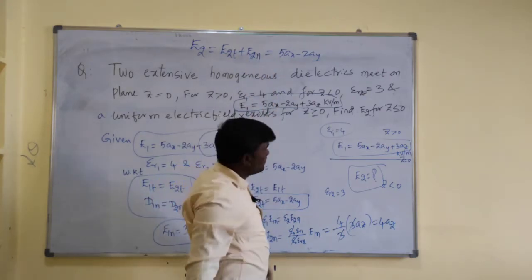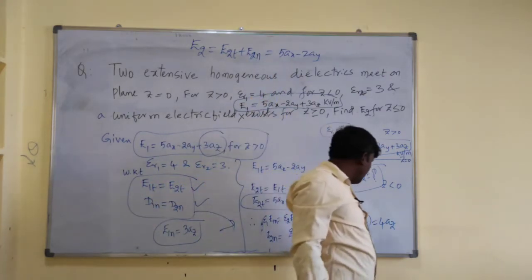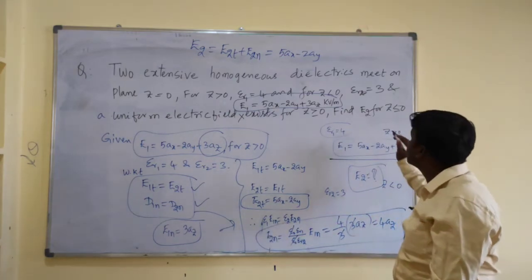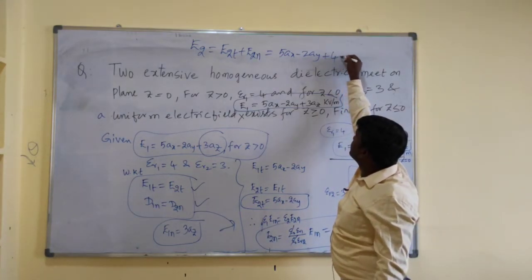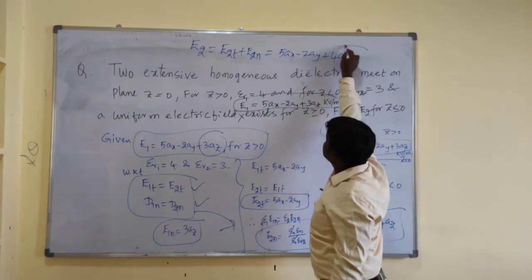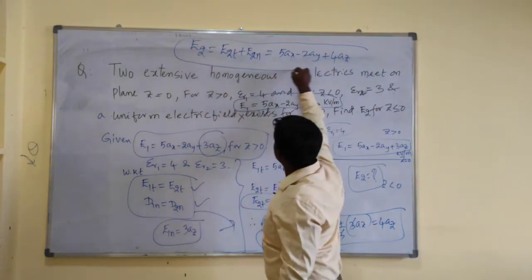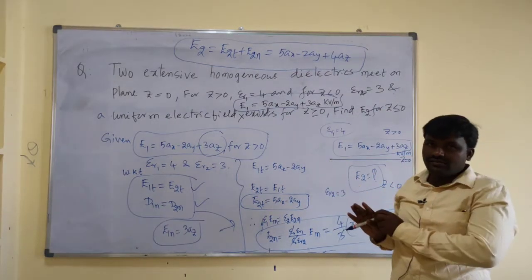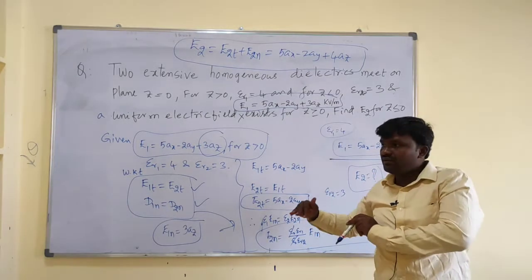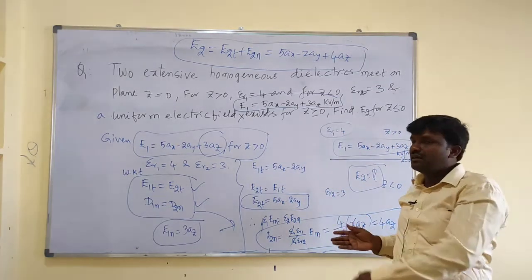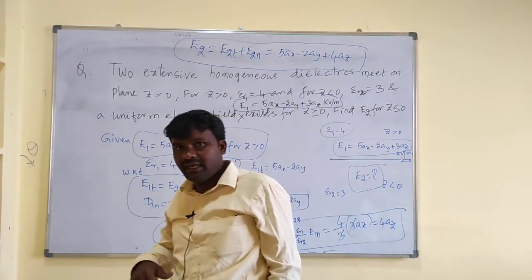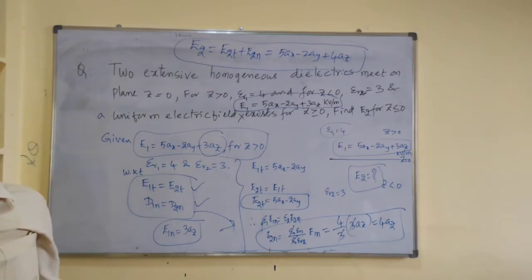What about the normal component? E2n is 4az. So, this is the calculation of the electric field on the other side. If we know the electric field on one side, we can determine the electric field on the other side by using boundary conditions. So, this is the problem related to boundary conditions. We will meet in the next video.